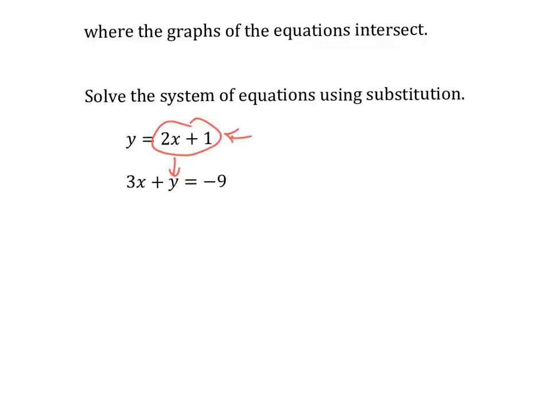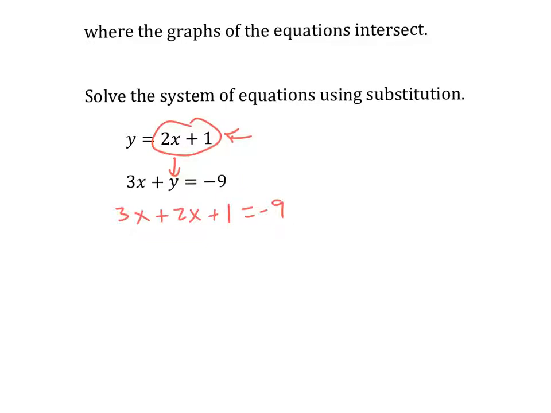Okay, and by doing that, that eliminates one of our variables in our equation. So now we have 3x plus 2x plus 1 equals negative 9. Okay, and because now we only have one variable in our equation, we can solve the equation for that variable.